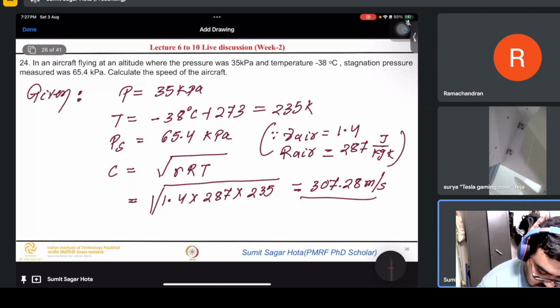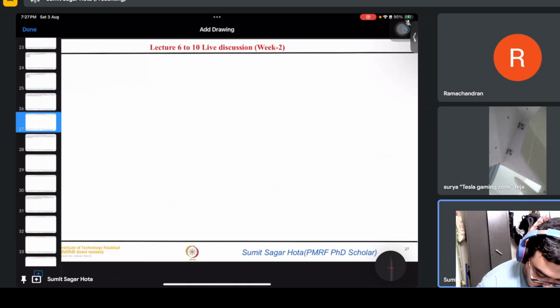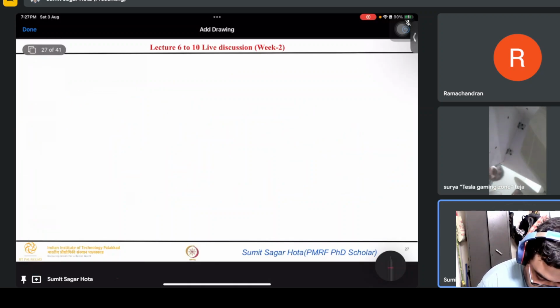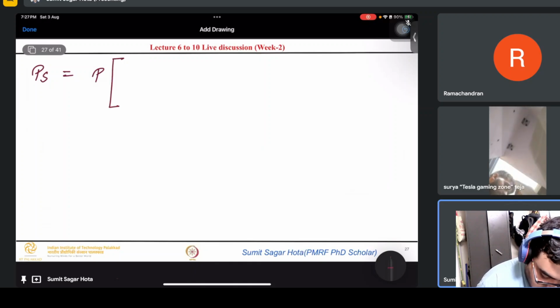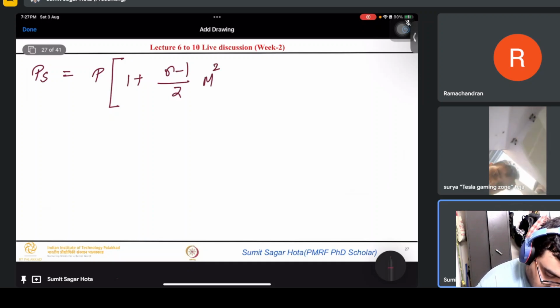Now let's apply the formula for stagnation pressure. We know P_s is equal to P into (1 plus (gamma minus 1) by 2 into Mach number squared) to the power gamma by gamma minus 1.